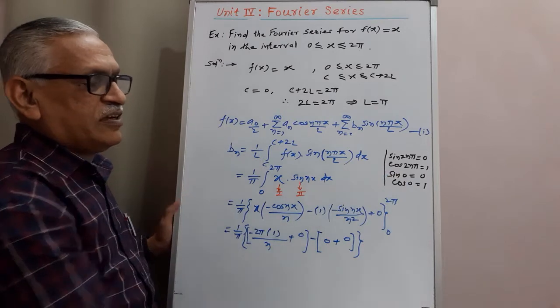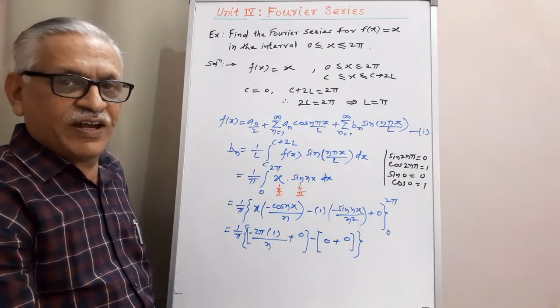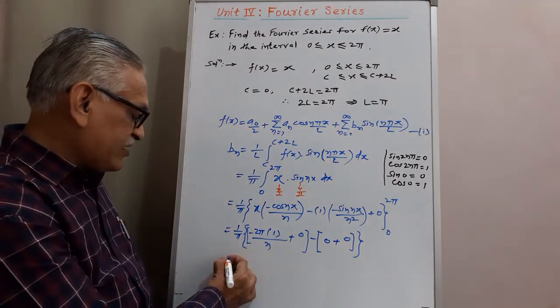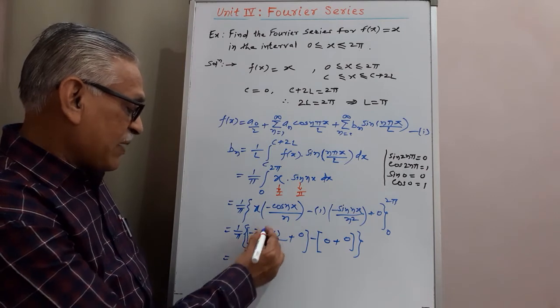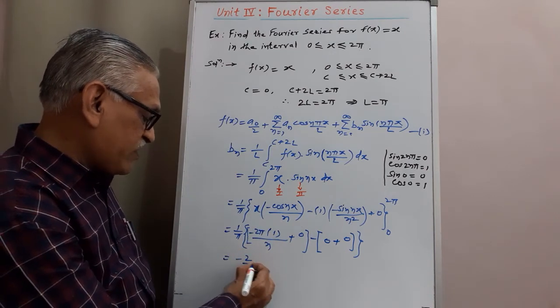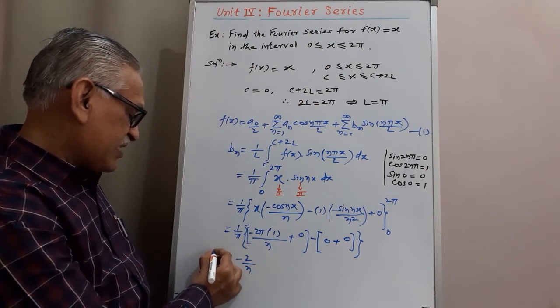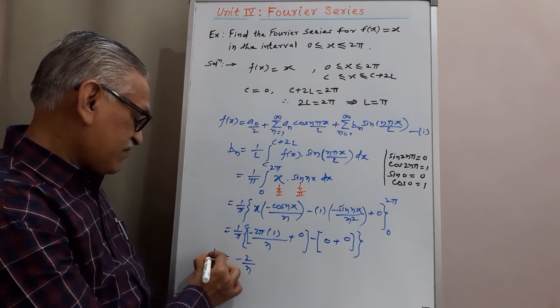Therefore I use these standard values, and then simplifying it we get π gets cancelled, minus 2 divided by n as the value of Bn.